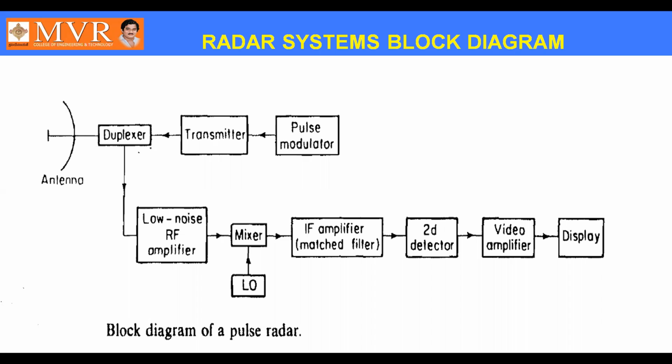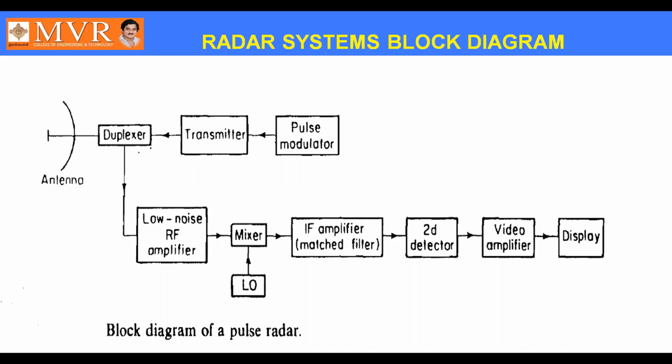Before going into the radar system block diagram, initially we need to know what we mean by a radar system and where it is used. Normally, a radar system is an electromagnetic system which works on the principle of sending electromagnetic signals into the air.